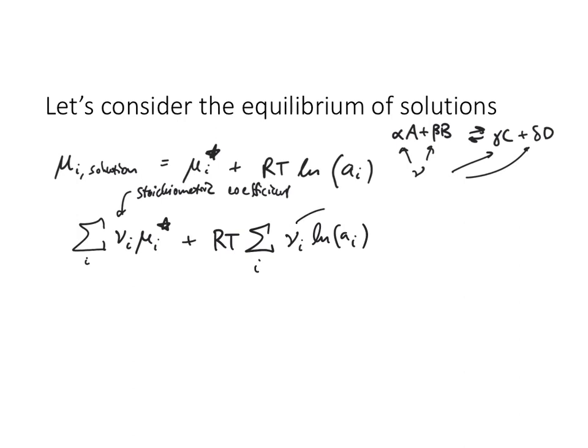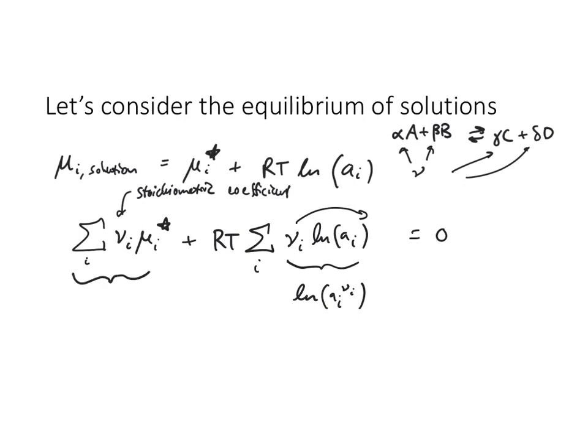And we can take this coefficient and bring it inside the log, use the rules of logs, and this whole thing can just become the log of the activity raised to the power of the stoichiometric coefficient. That is also possible. And all of this equals 0 at equilibrium.